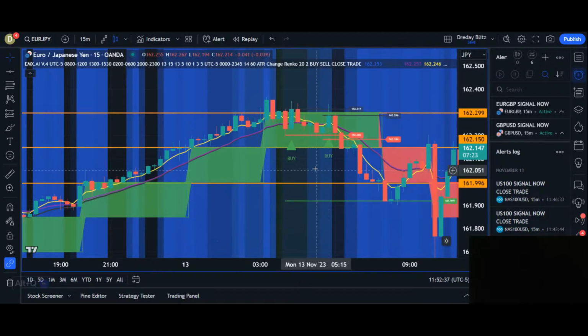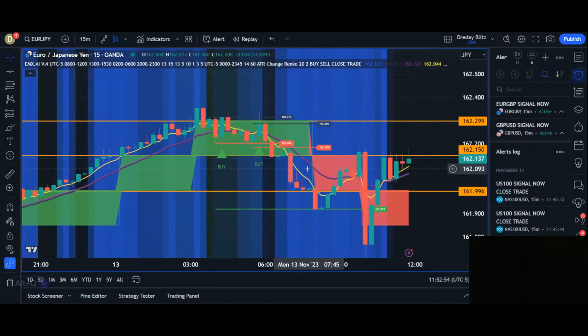If you're taking those two buys, your stop loss should be on this line, which will be at 161,996, and you would be out of the trade right here at 162,160.